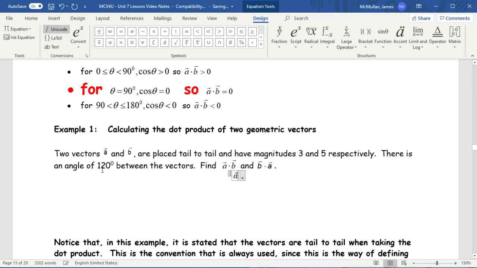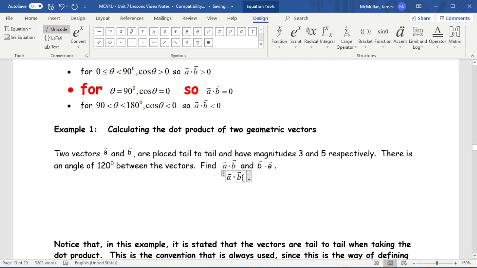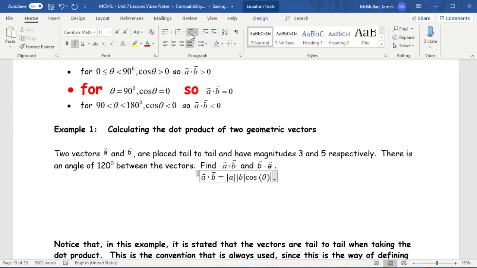A vec dot B vec equals magnitude A, magnitude B times cos of the angle in between them. Again, I should have little vector signs on here just for the notes.